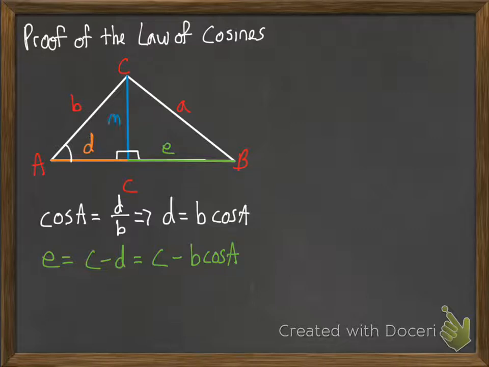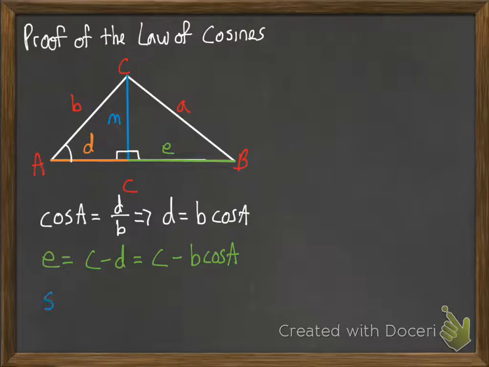Now the blue line I'm going to label and call M. M is the height of that triangle, and again in terms of angle A, we know that M is the opposite side in that right triangle.